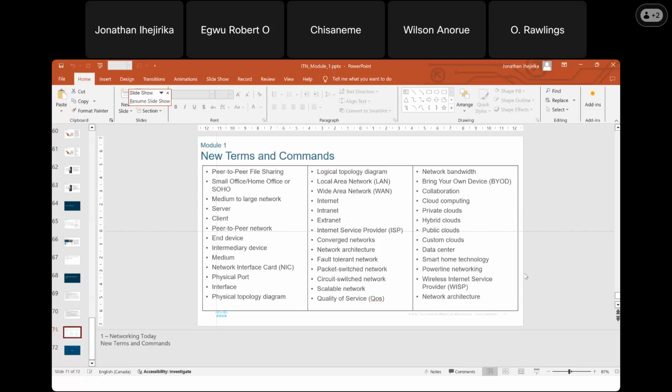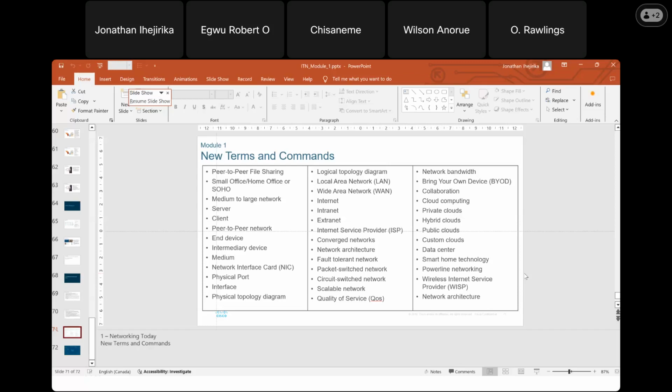Packet Tracer, we have the local area network, the wide area network. So we have internet and intranet. We should note the difference between these two, internet and intranet. We also have extranet. So these are new terms and new commands that you have been able to gather today.